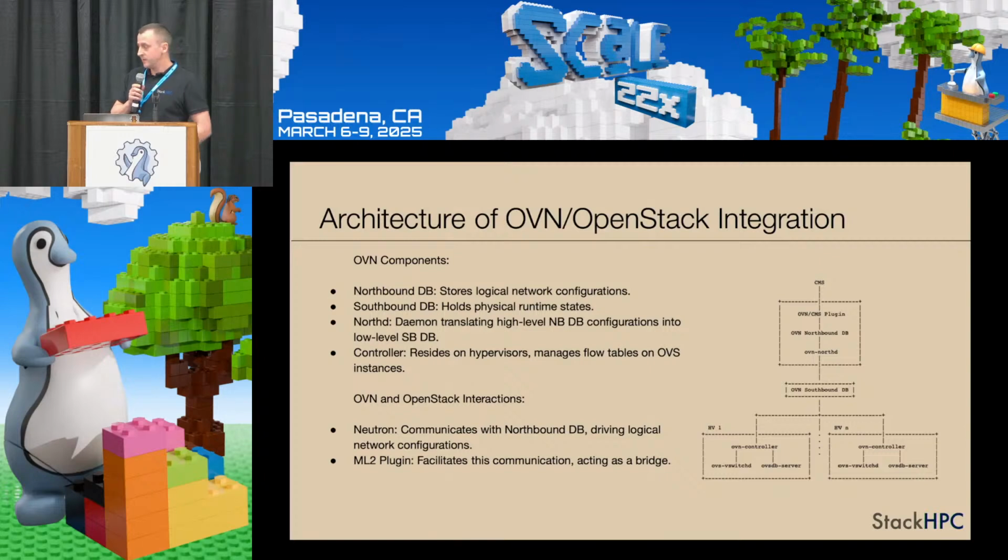In the northbound database, we are storing logical network configuration, routers, networks, subnets, that we all know from OpenStack.